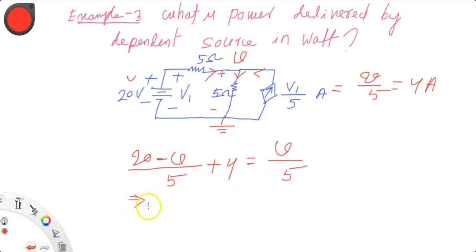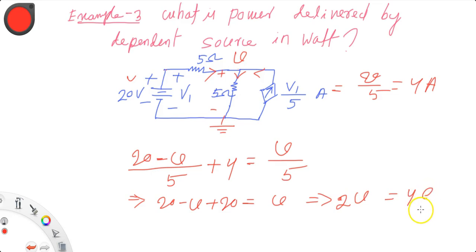So manipulate. 20 minus V plus 20 equal to V plus 2V, equal to 40, 2V equal to 40, or V equal to 20 volt, right? So here we have 20 volt, and here we have the 4 ampere.